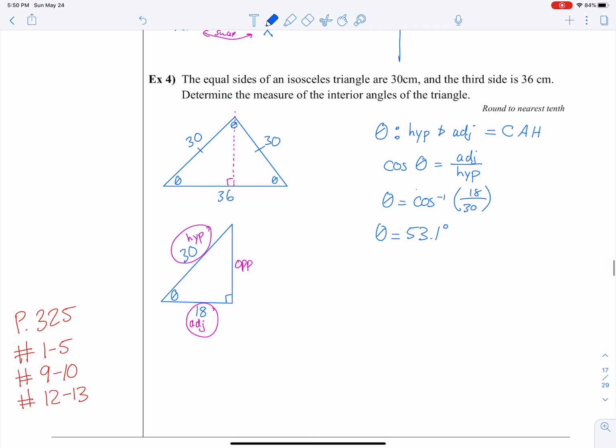So to find the top angle, I'm going to do 180 minus 53.1 degrees for my first angle, minus 53.1 degrees for my second identical angle, and when I do that, I get 73.8 degrees.